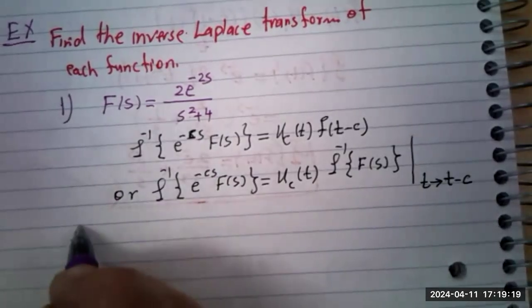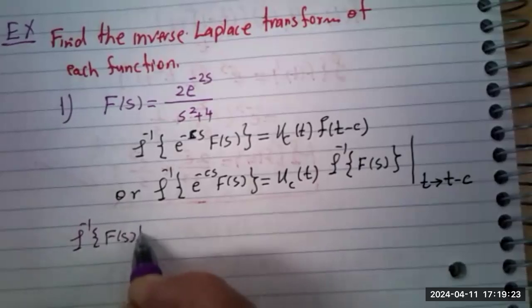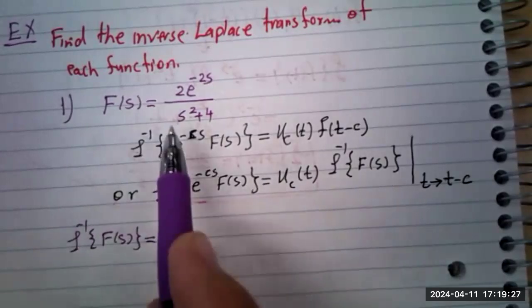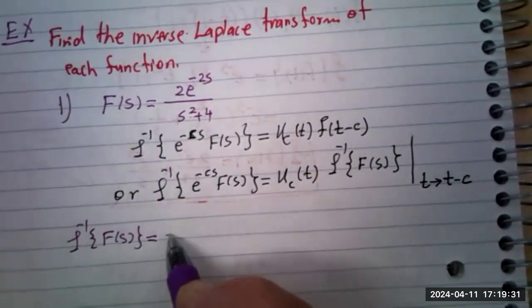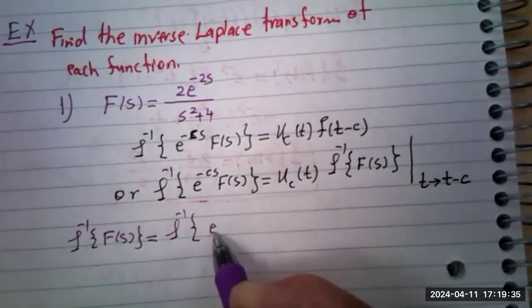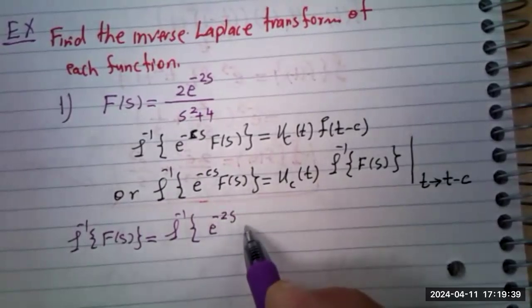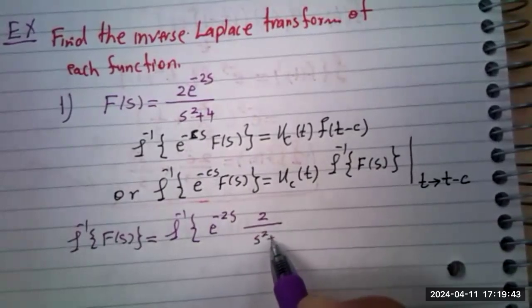Laplace inverse of F of s is going to be equal to, I'm going to break this one so that you can see it. We want to find the Laplace inverse of e to the negative 2s times 2 over s squared plus 4.